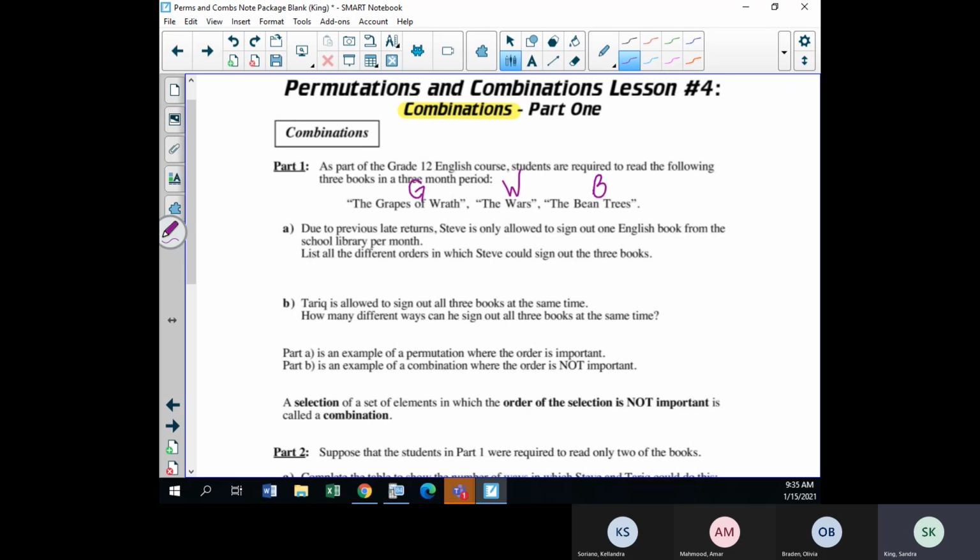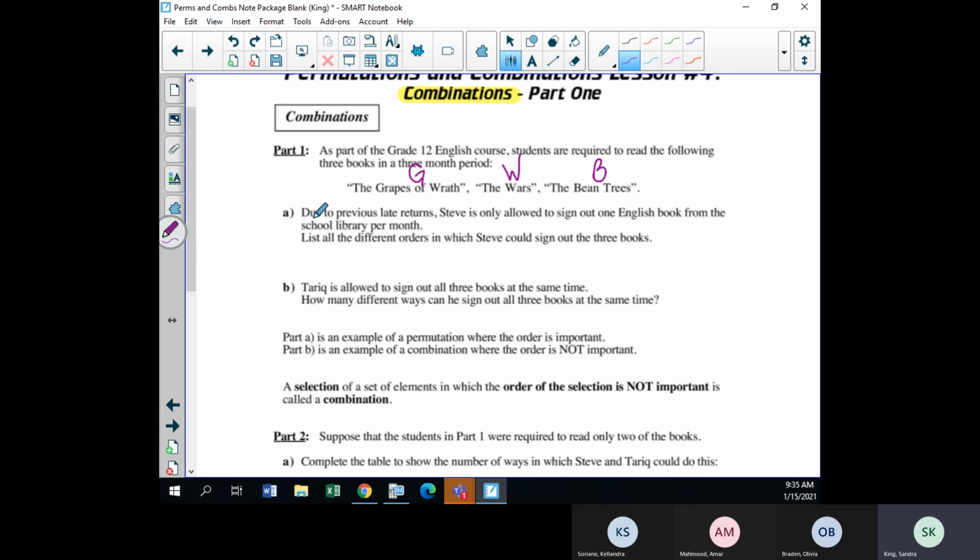You've got to read those 3 books in 3 months. Part A says: due to previous late returns, the library is only letting Steve sign out 1 English book from the school library per month. List all the different orders in which Steve could sign out his books.